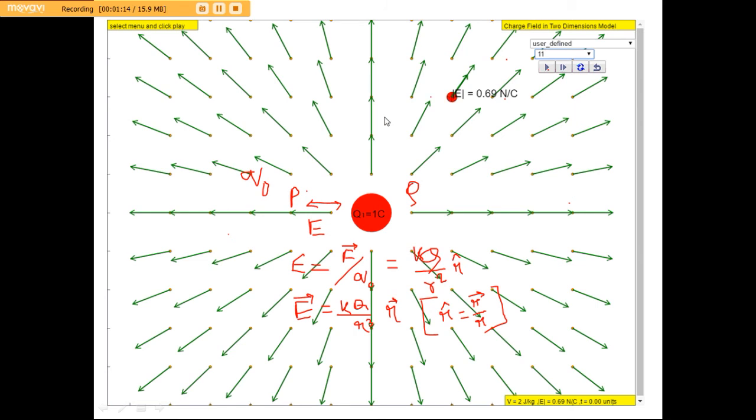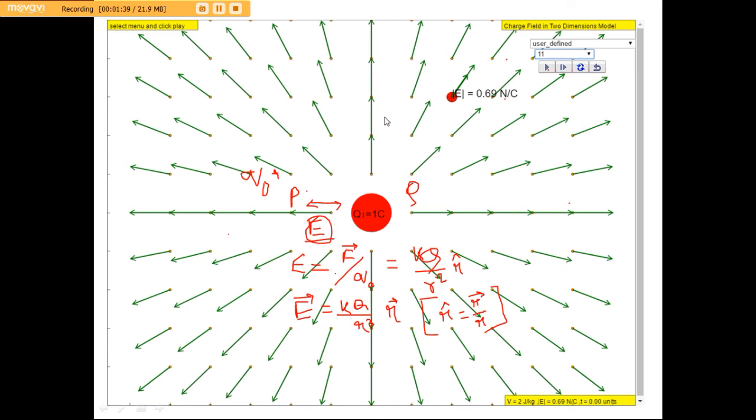So if this small charge, the test charge, comes to the point P, we get an electrostatic force, and an electric field is also generated between these two charges. So what is the formula?